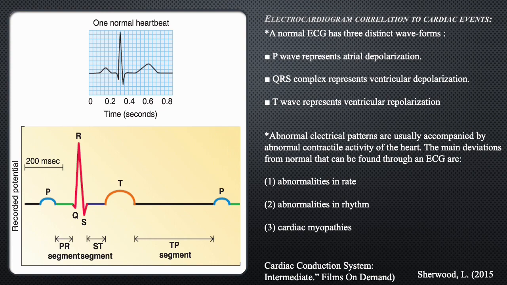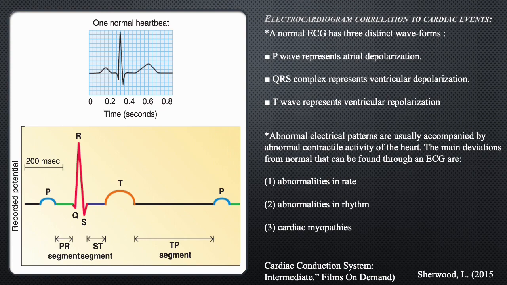The ECG is a measure of the electrical activity that triggers the subsequent mechanical activity. Third, when the heart muscle is completely repolarized after the T wave and before the next P wave, this period is called the TP segment, which represents the time when the ventricles are at rest and ventricular filling is taking place.